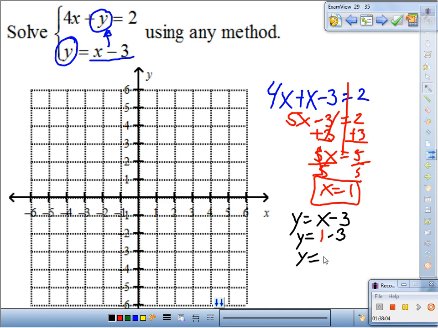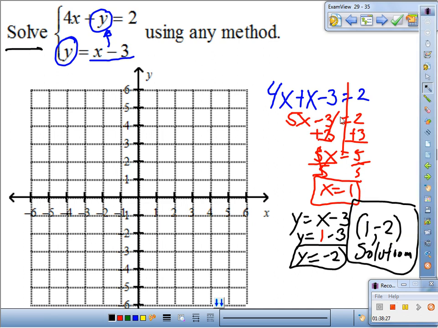Y equals what? Negative 2. Are we done? No. They're asking us to what? To solve, which means you need to write a solution. What is the solution given those two values? 1, negative 2. Solution.